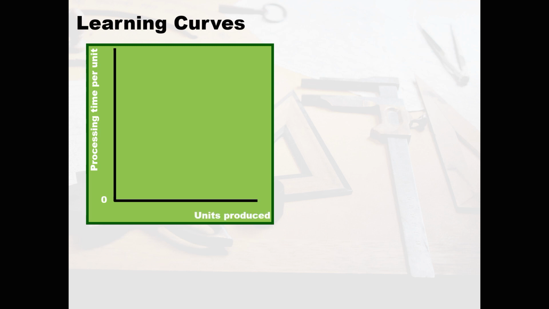Our x-axis is the units produced. And this is the typical shape of a learning curve. It has a downward slope, which tells us that there is a negative relationship between the processing time per unit and the number of units that are produced.